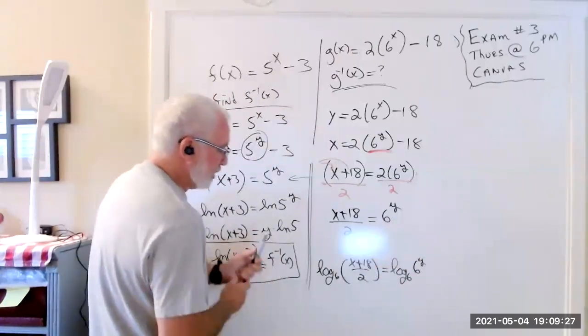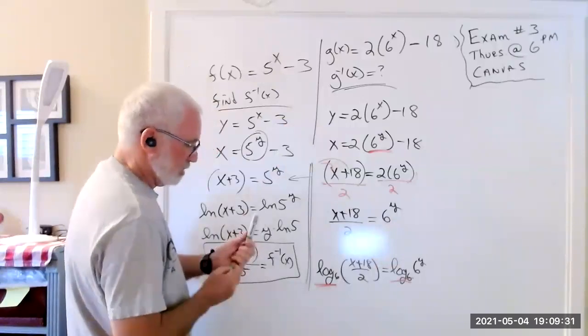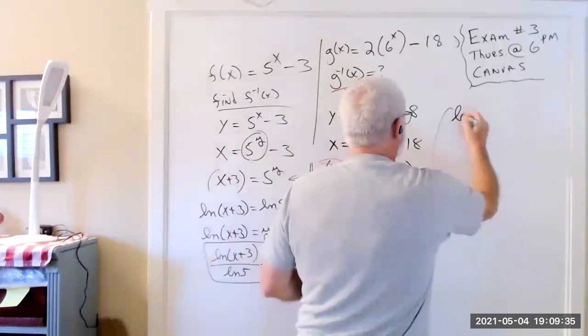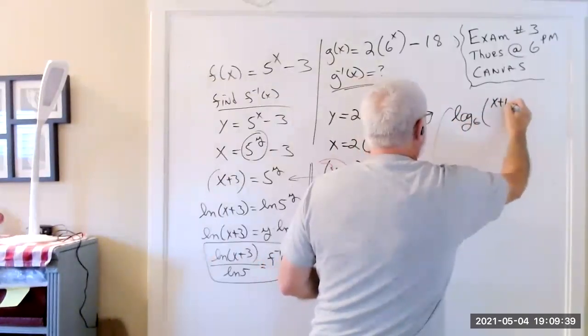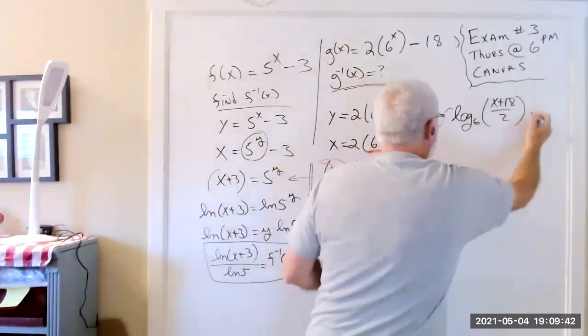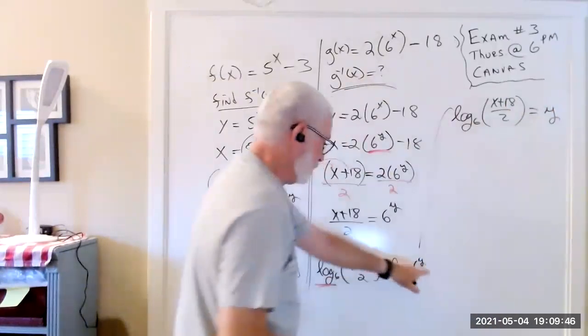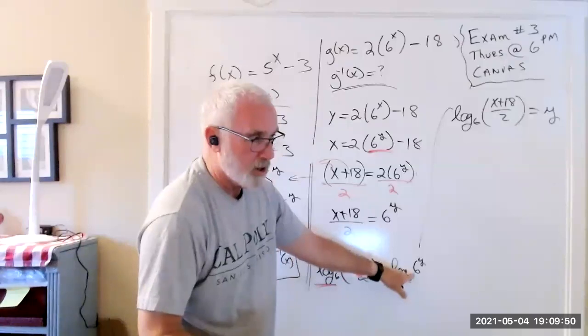So we're taking log base 6 of both sides. That will give me log base 6 of x plus 18 over 2 equals y, because when you move the y, you'll have log base 6 of 6, and that's just 1.